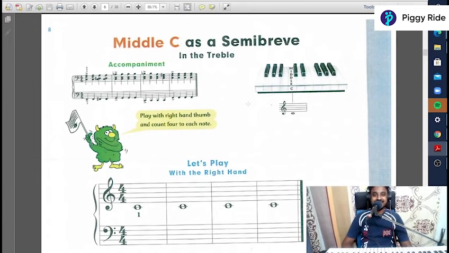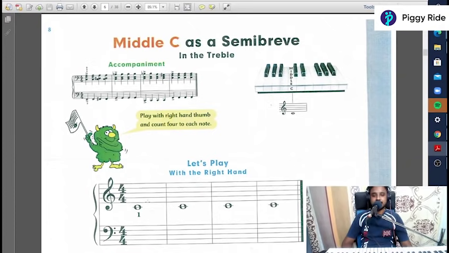As we saw before, semibreve means we have to play for 4 counts, like 1 2 3 4, 1 2 3 4. If we see here, there is the treble clef. Next to the treble clef there is the time signature, that is 4 4. So 4 4 means each and every bar will contain exactly 4 counts.